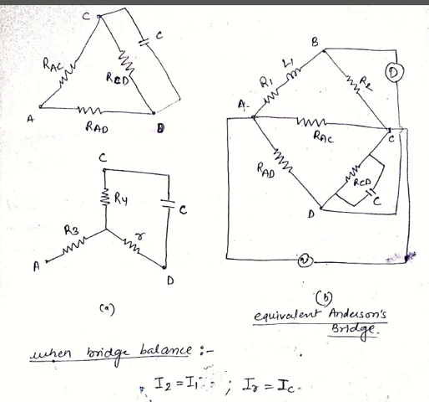Here we have put RAD between AD, and RAC between points A and C. Between D and C we have RCD, and in parallel with RCD we have our capacitance. We make the connection of the detector from the outer side so as not to make this diagram more complicated.